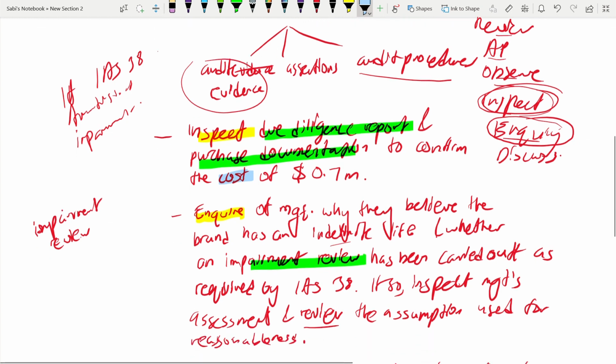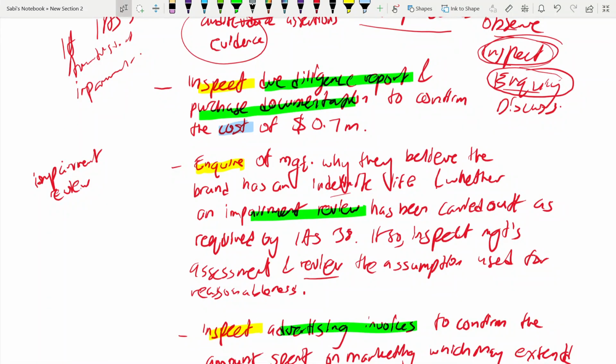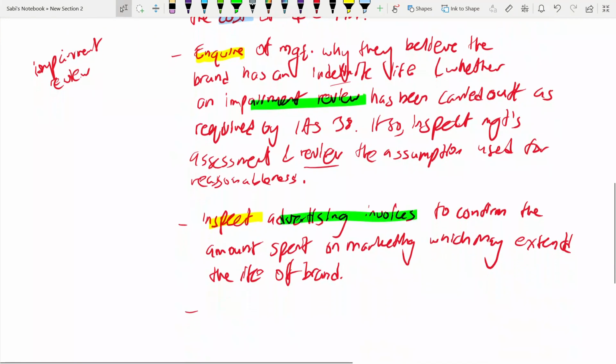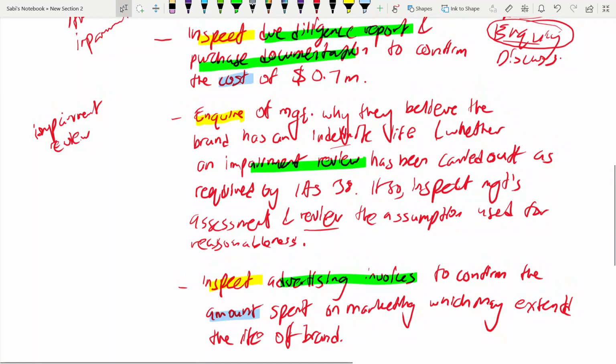Okay, this is assertion that you are testing. Here what is it? Here it is amount, to confirm the amount. Then here you are saying whether impairment review, whether it is reasonable or not.